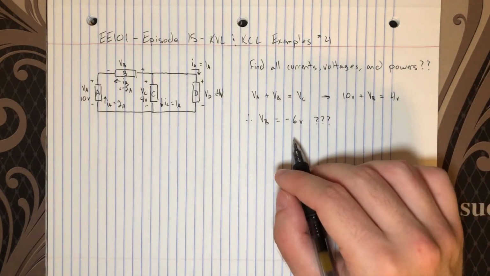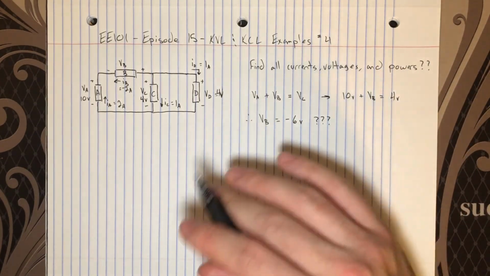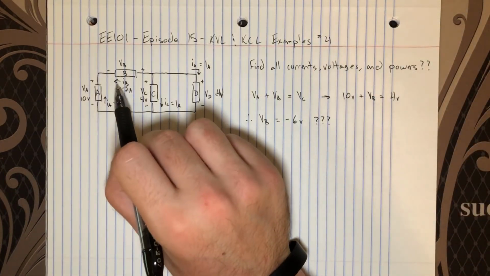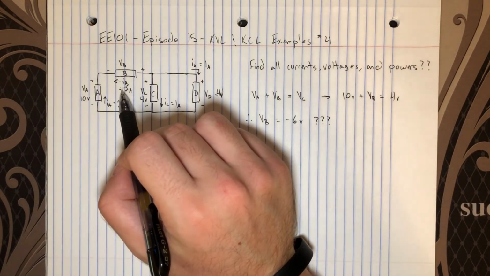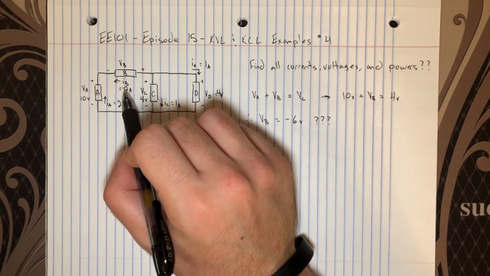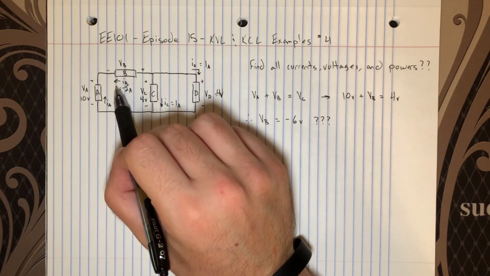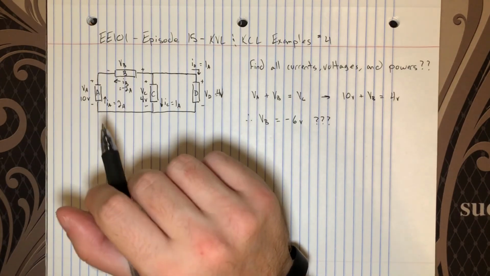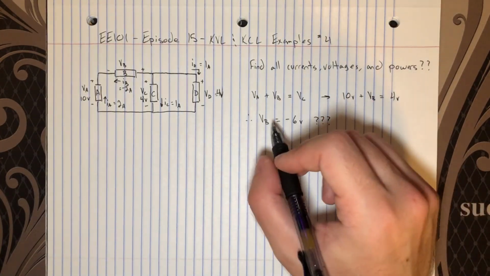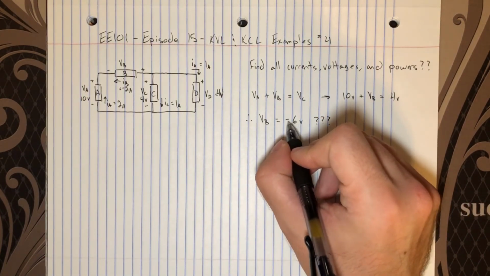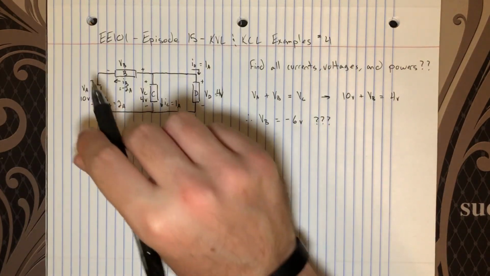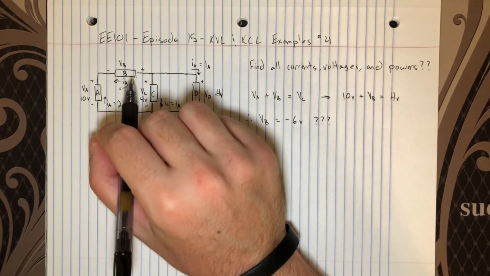I know I haven't shown an example where this is the case yet, but it's the exact same issue as IB and IA here, where we know the direction that IB is actually flowing and that it disagrees with this arrow. So we just assign this negative to it. And what we've revealed here is that VB is 6 volts, but the minus indicates that its true polarity is actually the opposite of the way it's drawn in this circuit.